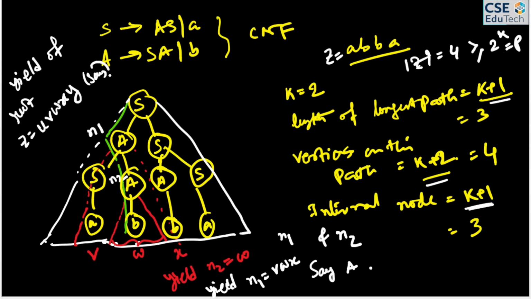We assume it will be u v w x, and its right portion, from this portion, we consider it is y.